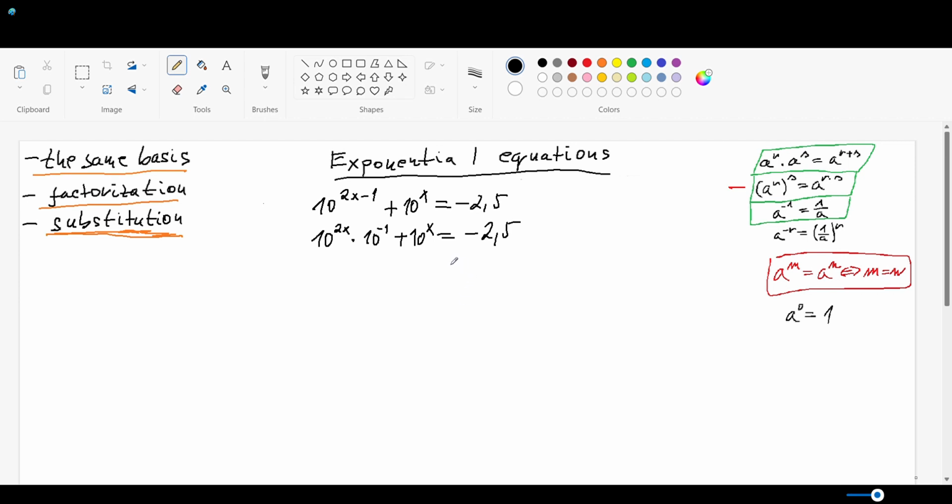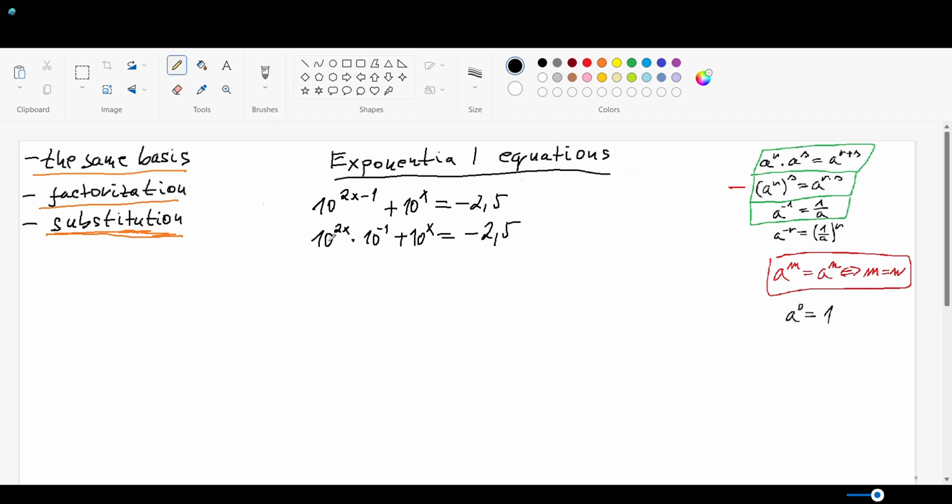Basically what I wanted to say also is that if you don't know what to do with the equation, you start to play around with it, and maybe you will come to some expressions or even an equation on which you will realize that, oh, okay, this is something I already know how to solve, and then you will be on a good way to find the solution of the given equation.